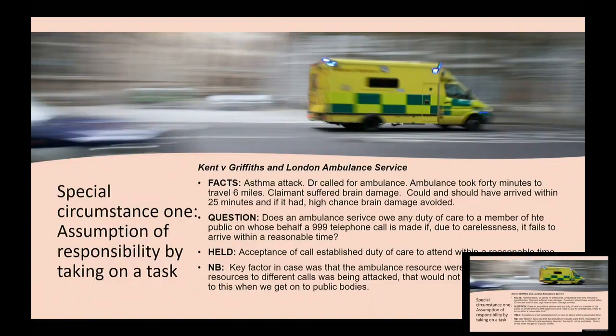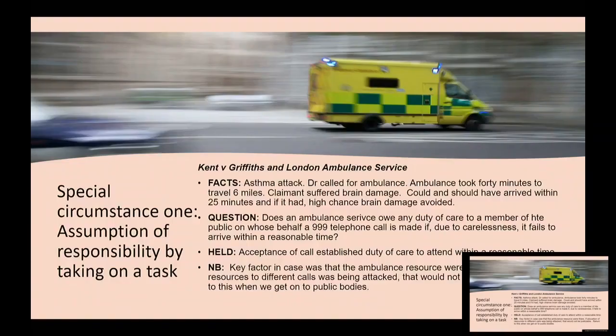Once the claimant was in the ambulance, she suffered a respiratory arrest, and this resulted in her suffering brain damage. Now, the evidence revealed the ambulance could and should have arrived at her house at least 14 minutes earlier, and if it had, there was a high chance that respiratory arrest and brain damage would have been avoided.